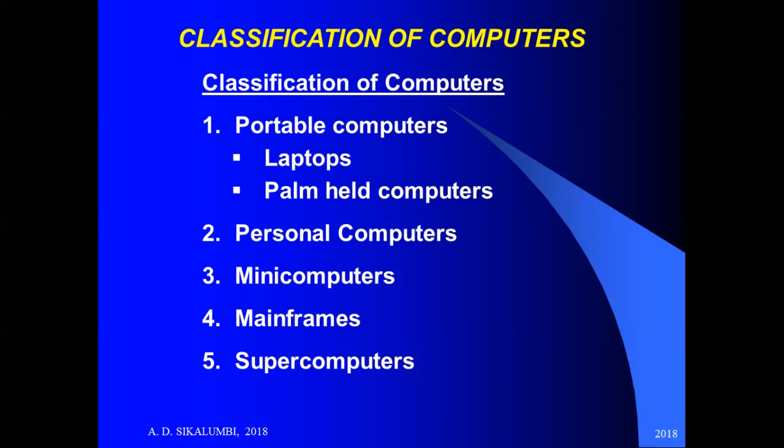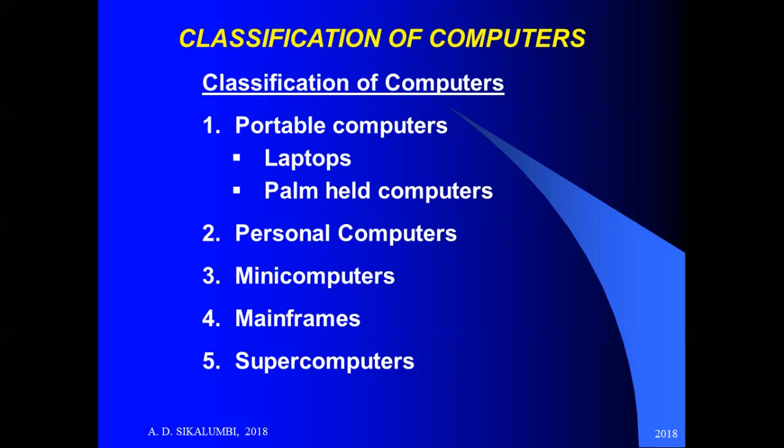Examples are laptops. The laptops can be put in a bag and moved with, even on the bus or wherever you want to go and use it. And normally they've got batteries to store enough power to take you an extra mile.